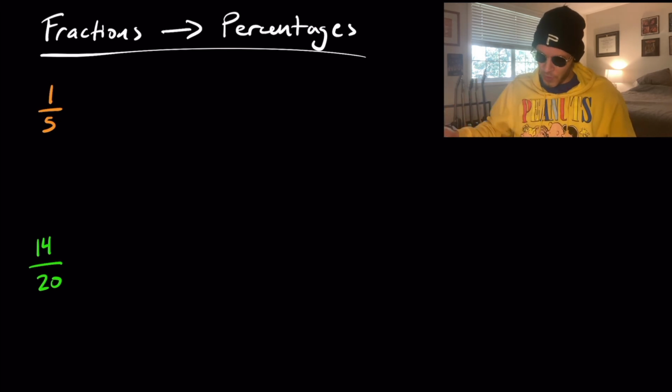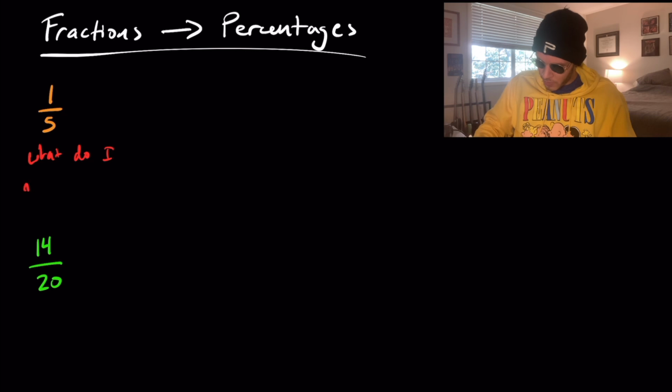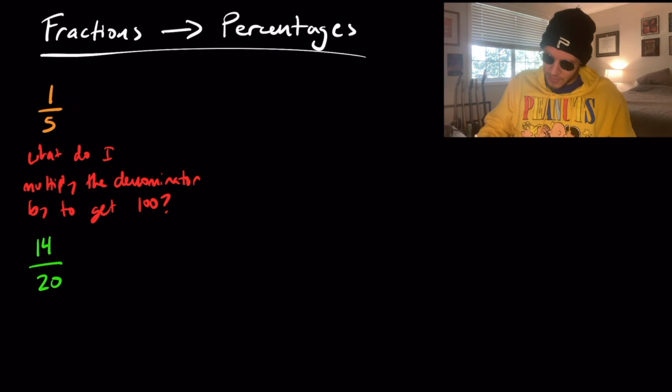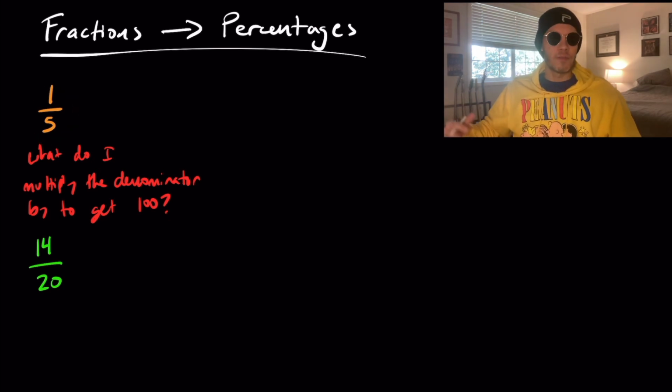So how do you get to percentages? The question you want to ask yourself is, what do I multiply the denominator by to get 100? So in this example here, 1 over 5. 5 is my denominator. What would I multiply 5 by to get 100?